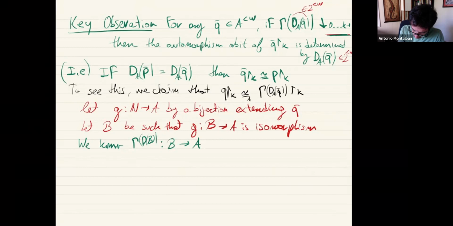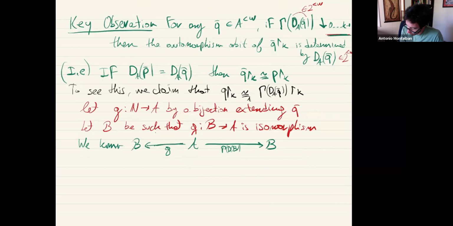So let's see what we have. We have A, we have an isomorphism, gamma of the diagram of B, that goes to B. We also have the other isomorphism, G, that goes to B. Oh, sorry, this is the other way around. B goes to A, and B goes to A through both of these.